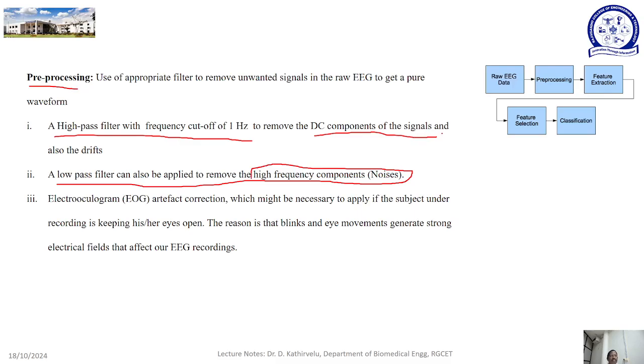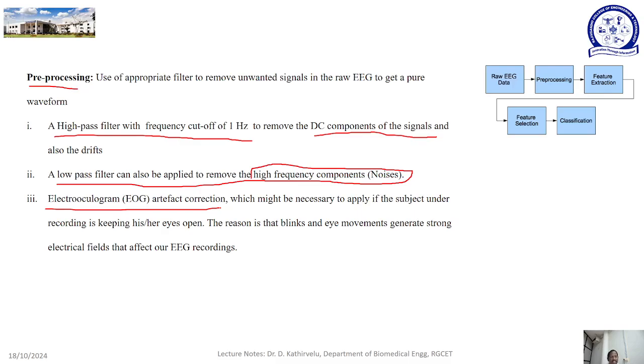And one more important thing is EOG artifact correction. We know that EOG stands for electrooculogram. It is the electrical activity produced by the movement of the eyeball. When a person undergoing an EEG test blinks, the eye blink may cause an electrical potential which may interfere with the EEG signal, which is not good for EEG recording.